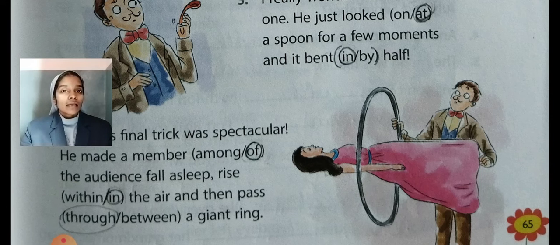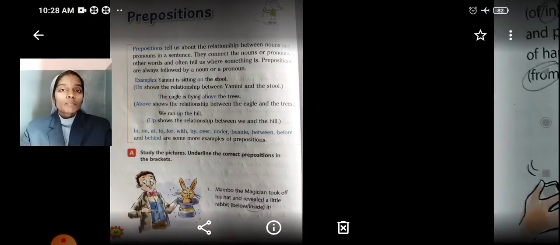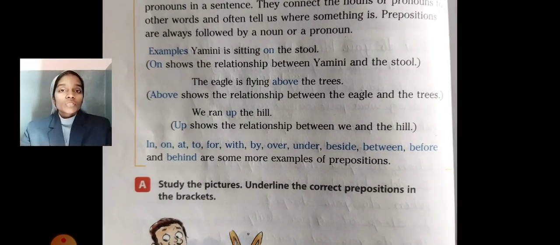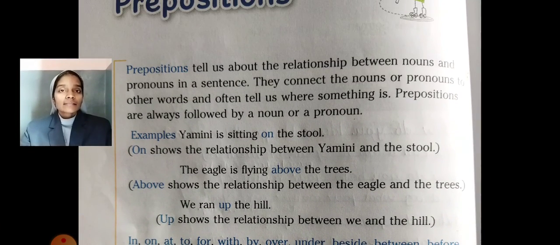So dear students, I hope you all have understood this exercise. Once again, I repeat what a preposition is. Prepositions tell us the relationship between nouns and pronouns in a sentence. They connect the nouns and pronouns to other words and tell us where something is.